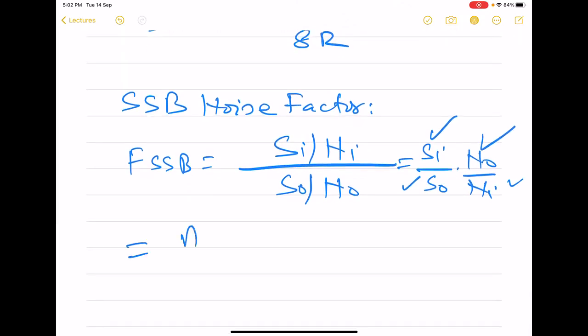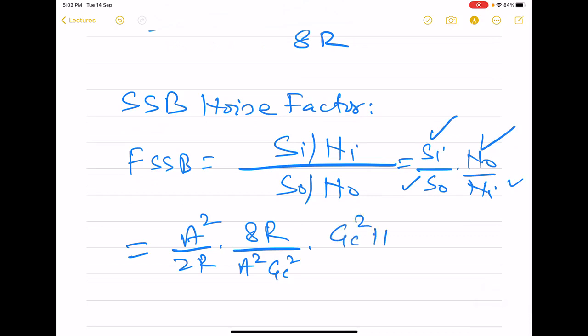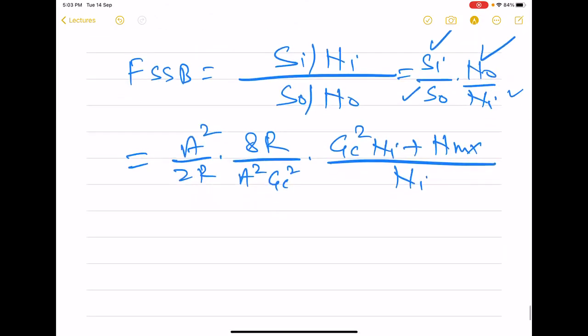So we can write the expression A square by 2R, this is SI, 8R by A square GC square, this is SO, NO is GC square Ni plus N mixer, and Ni is the standard noise.